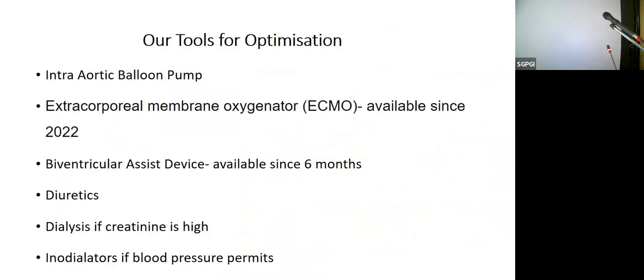Then the biventricular assist device does the same: it reduces preload and gives circulation to the afterload, the arteries. Biventricular means for the RV, it takes blood from the RA and gives it to the pulmonary artery, but here the lungs oxygenate the blood, not an oxygenator. For the left side, it takes blood from the LA and gives it to the aorta.